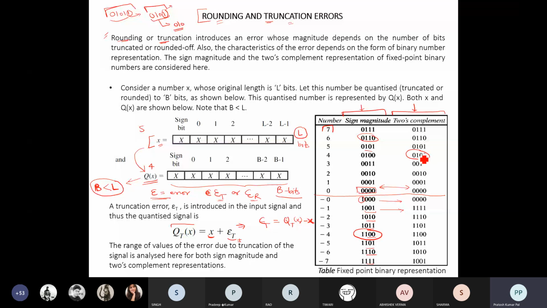Initially it was 4 in positive, but after truncation it is reduced, so it will be 2. So 2 minus 4 will be a negative error. Similarly, in case of a negative number, if this is the number, that is 1101.